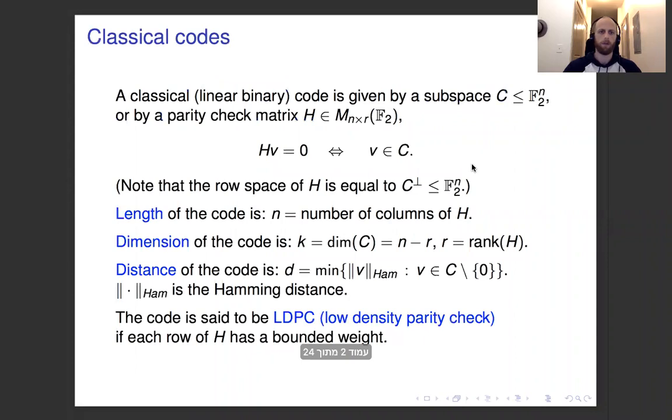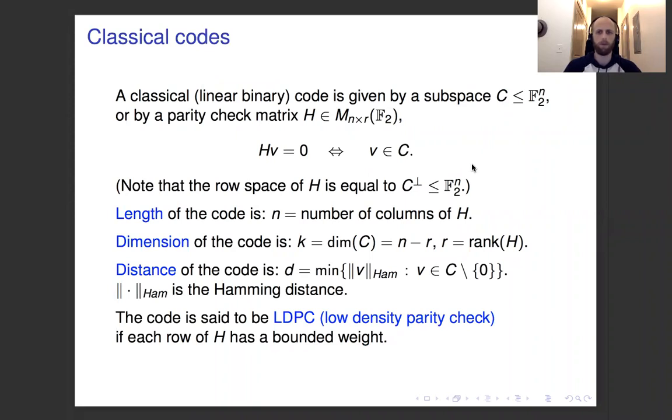Okay, so let me briefly review some notions from classical coding theory. This talk will be about quantum codes. A classical code will just be a linear subspace of F2 to the n. To a classical code, one also associates a parity check matrix.